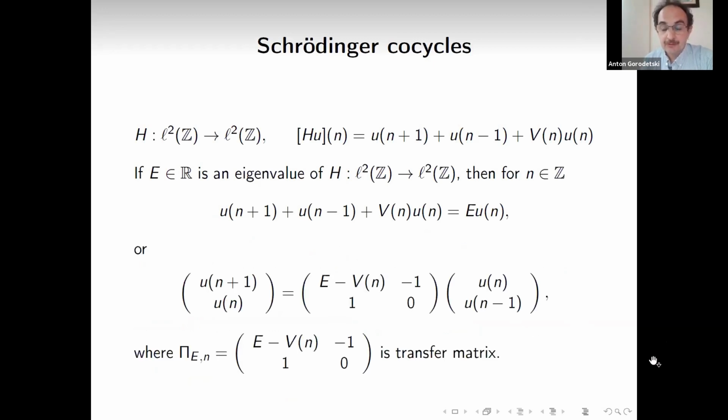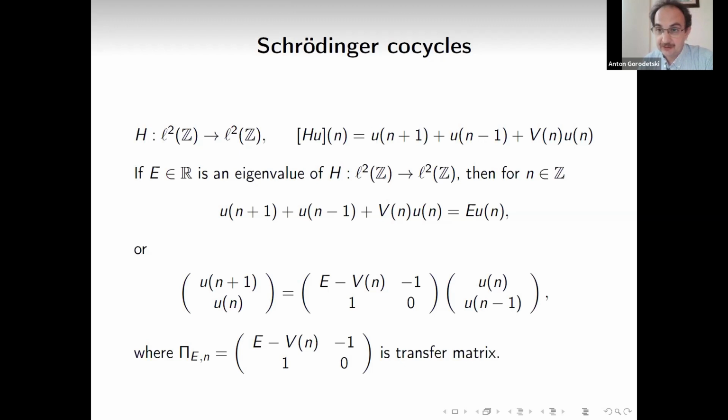As usual, if we deal with a difference equation, we want to turn it into the properties of products of transfer matrices. If you take a vector which is just two subsequent elements of the sequence that is a solution of this equation, then one vector comes from another just by multiplying by this transfer matrix.